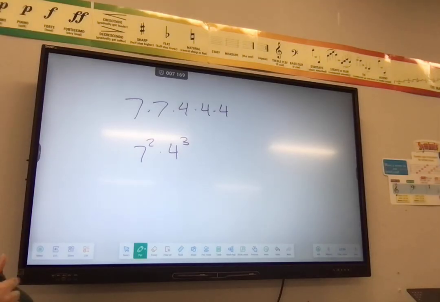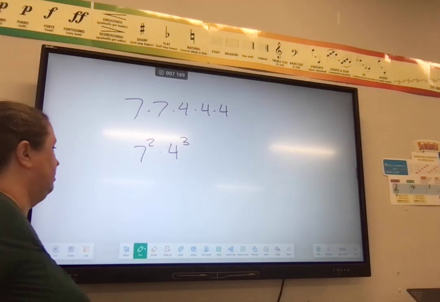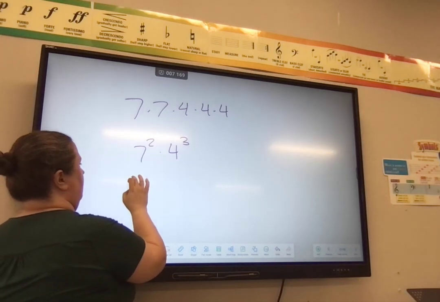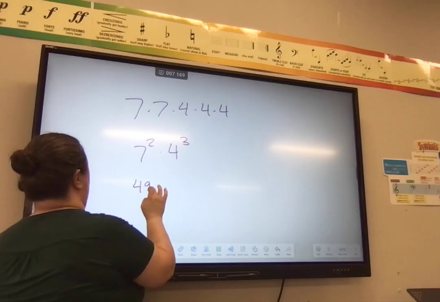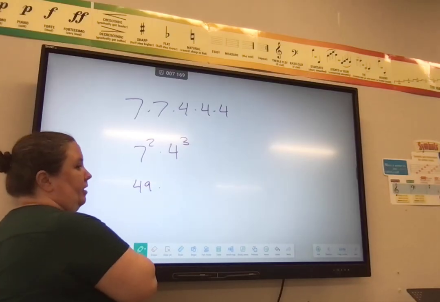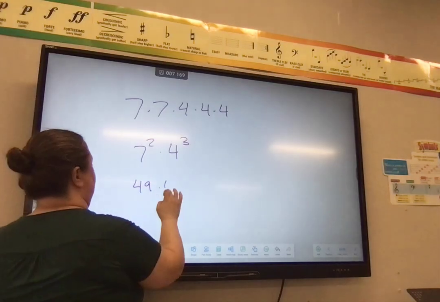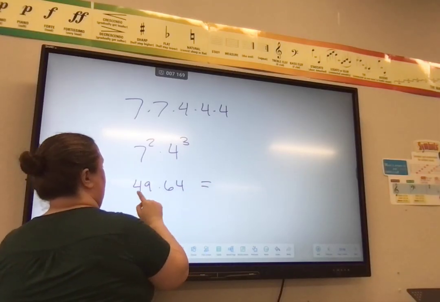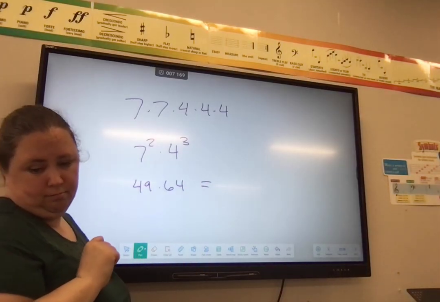And then now we can do the math. What is 7 to the power of 2? 49. And what is 4 to the power of 3? 64. Very good. And then your last step, what's 49 times 64? 3,136.